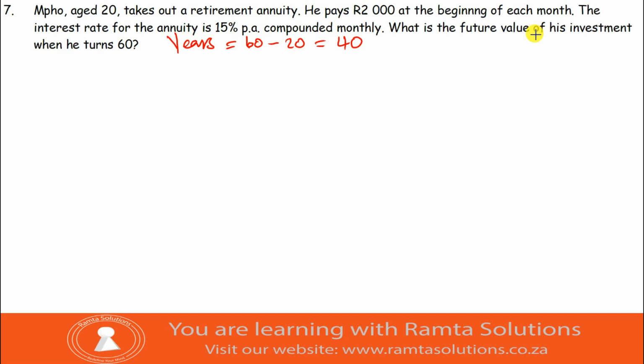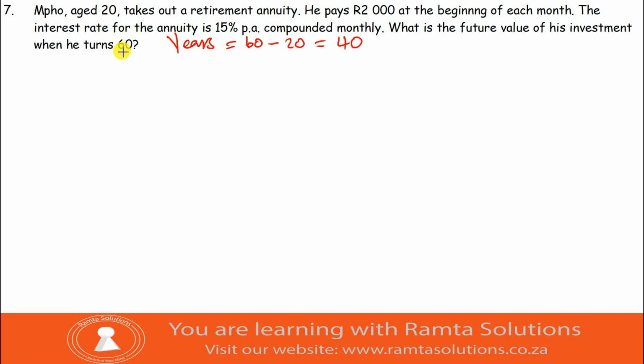Because they say calculate the value of this when he turns 60. So basically he will continue from 20 years, 1 month, 2 months, and so on, until he turns exactly 60. So basically it's for a full 40 years.